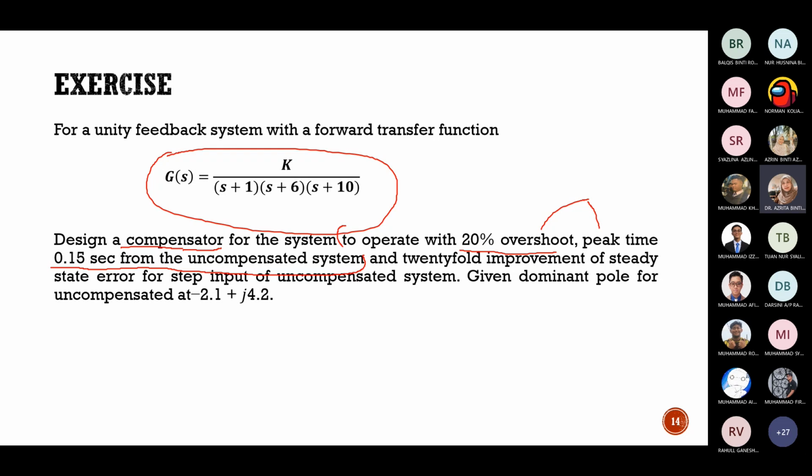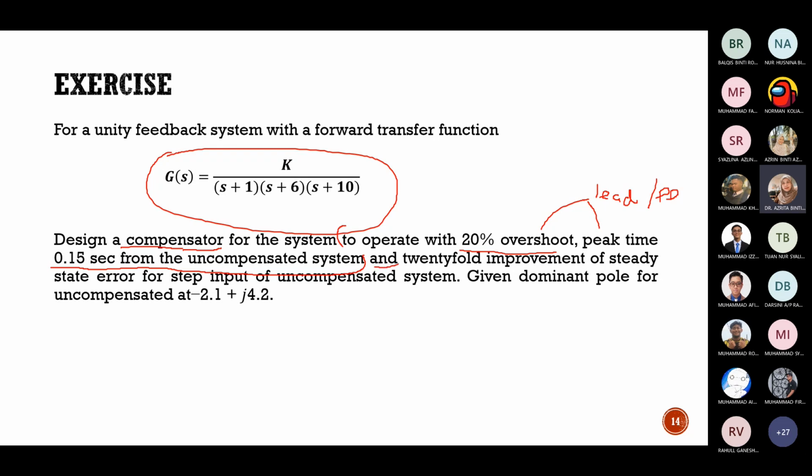That means we want to improve the transient response. So from this statement, it is the lead compensator or PD. So we can use the lead compensator or the PD controller.